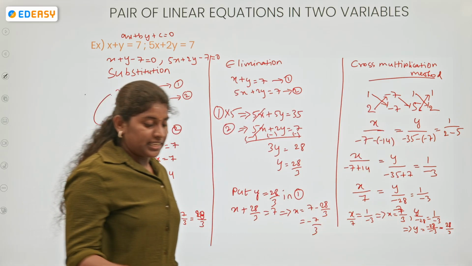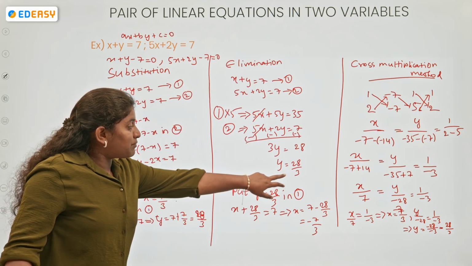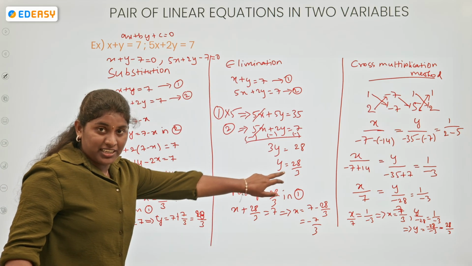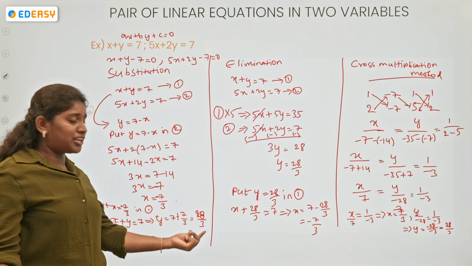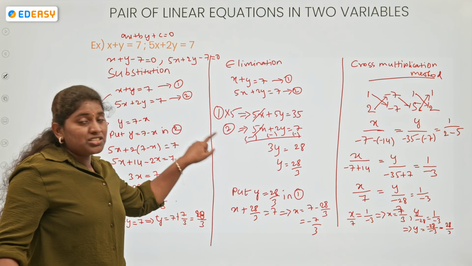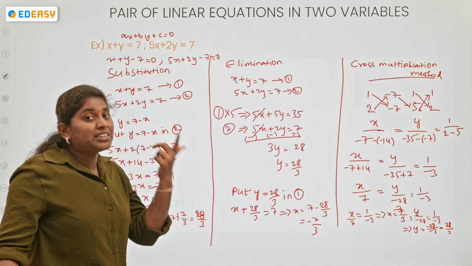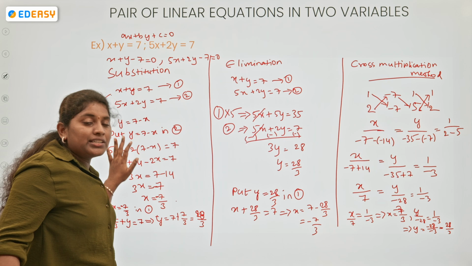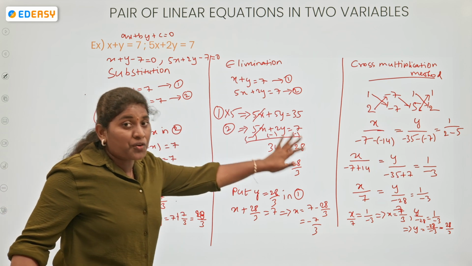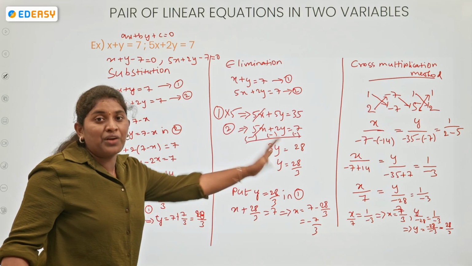Understood everyone? Yes. So now, I got confused whenever I am having y equals to 28 by 3 here, and here we got 21 by 3. Why I cross checked between your elimination method and your substitution method means whatever the method you use, whether it was substitution, elimination or cross multiplication, you can find the same values for x and y.